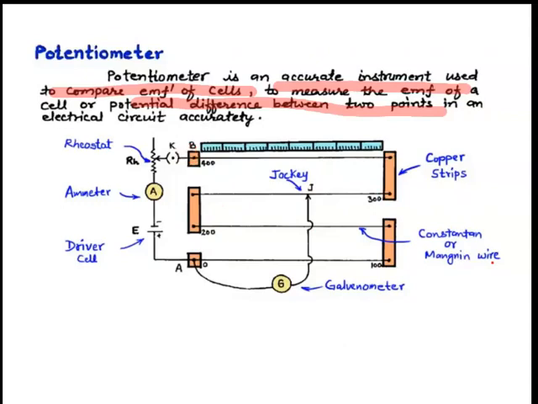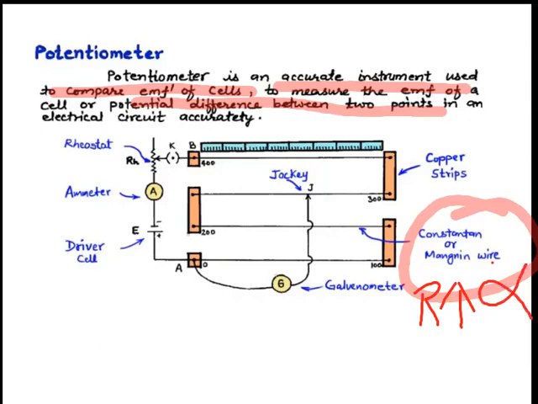The wire is made up of constantan or manganin, because their resistance is very high, but their temperature coefficient, alpha, is very, very low. Temperature coefficient we have already done.